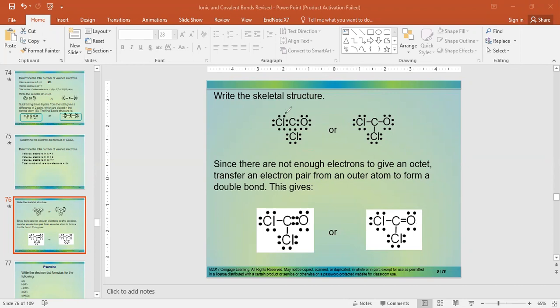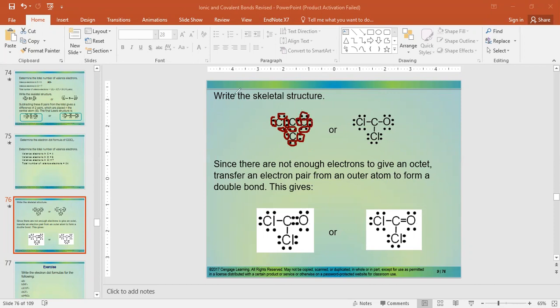So we have a pair: 1, 2, 3, 4, 5, 6, 7, 8, 9, 10, 11, 12 pairs.